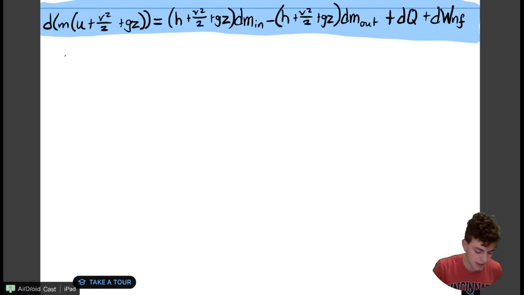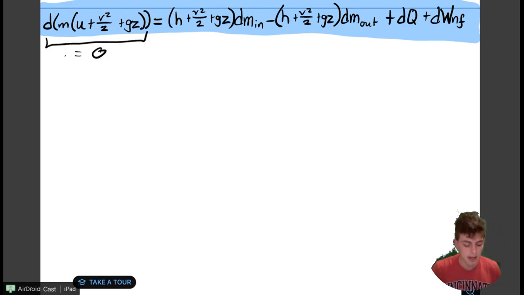So we can equate the left-hand side of this equation here to 0. In doing so, we can then solve this other side of the equation by moving the term that is multiplied by the differential of mass out of the system to the left-hand side of the equation, and then dividing the entire equation by the differential of mass itself.